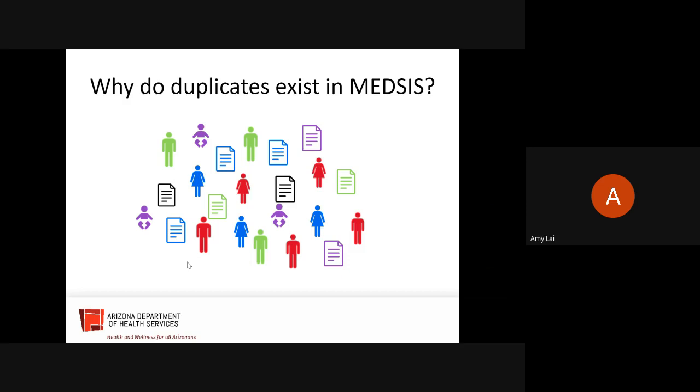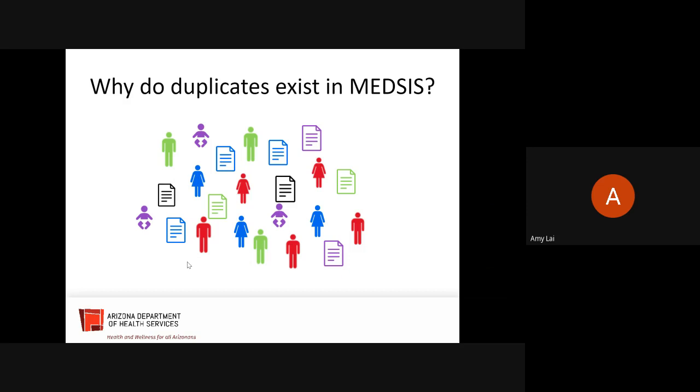Secondly, we also mentioned this last week, data entry users from the hospitals, from the healthcare facility side or laboratory, cannot edit anything once they have reported a case into MEDSIS. So a lot of times if they need to correct something, they need to either send a message to the MEDSIS help desk or send the information to their local health department to do the correction.